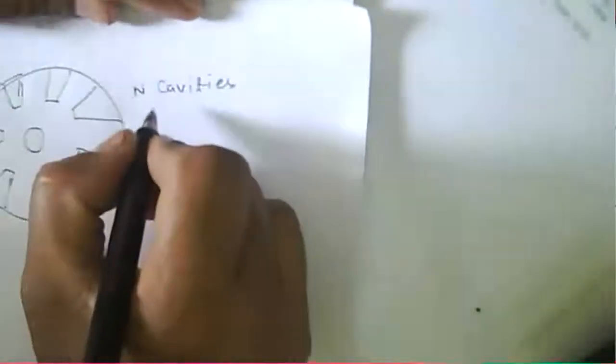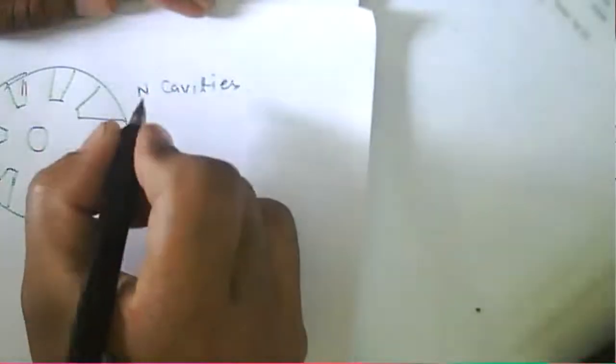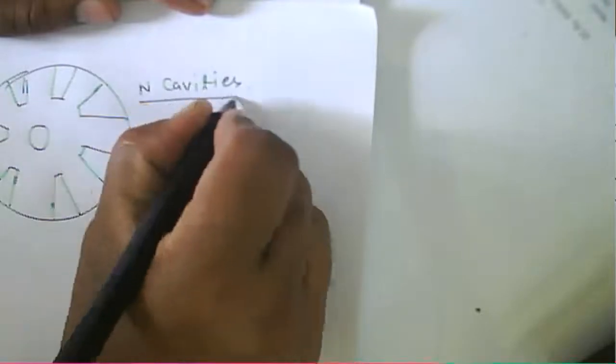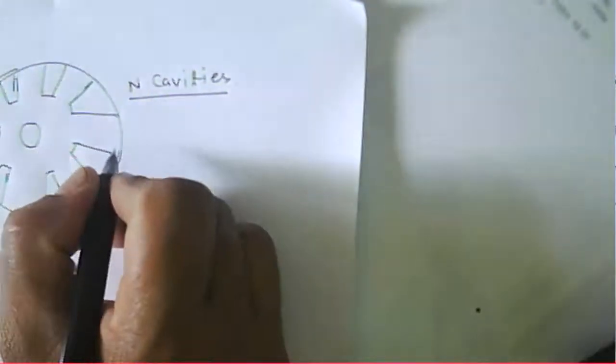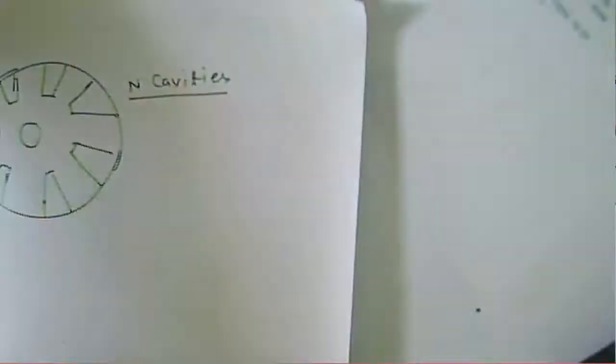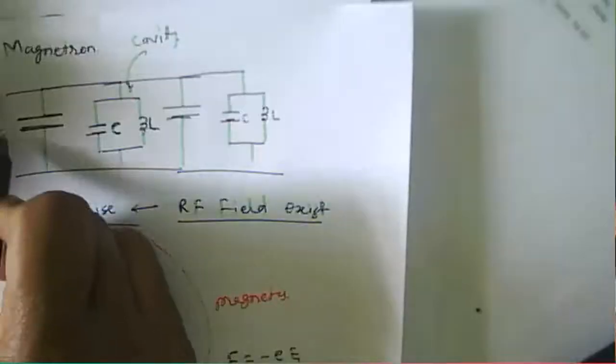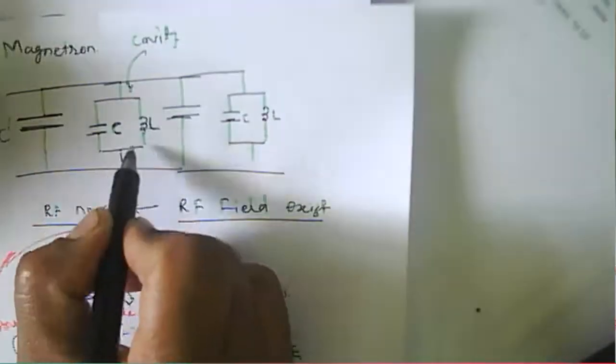Now, if there are n number of cavities present, the equivalent circuit for these n cavities is this one, with C dash and L, where C is a constant for the given cavity.